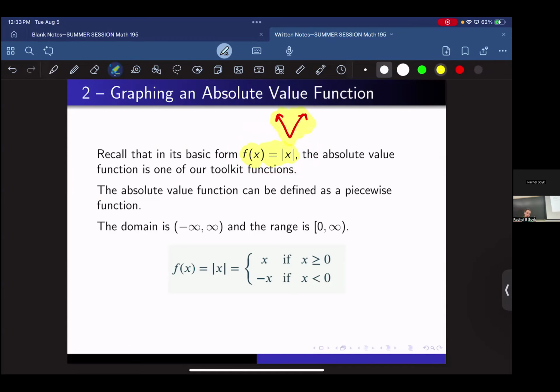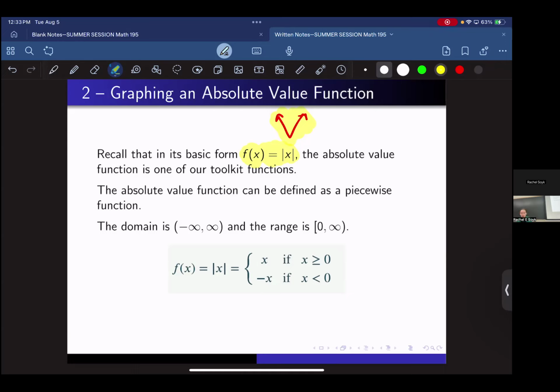And really what I was talking about on that previous slide, distance away from 0, distance is always positive. Your y values are always going to end up being positive, but you can have negative x values, right? Absolute value of -4. You can have positive x values, the absolute value of +4.